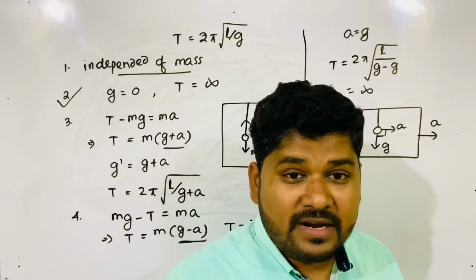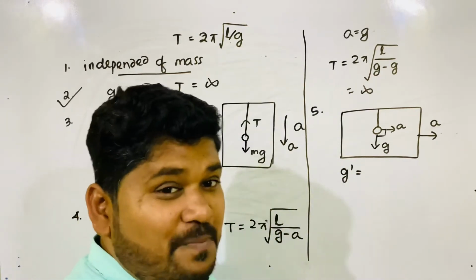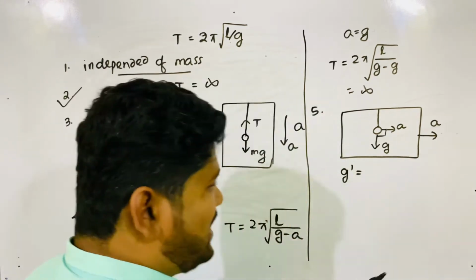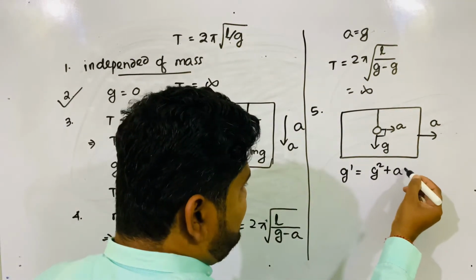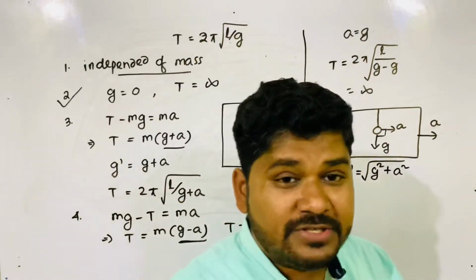According to the parallelogram law of vector addition, what is the effective value of g? g dash is root over (g square plus a square), because both are perpendicular to each other.